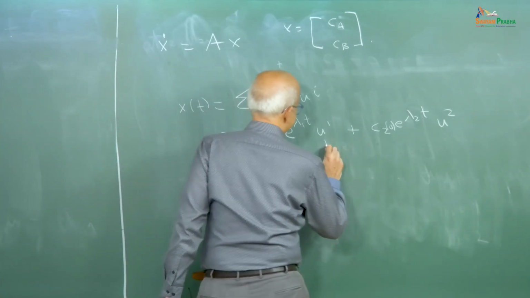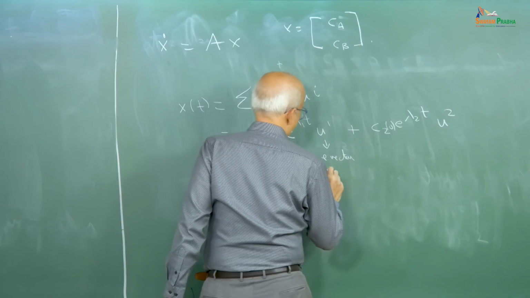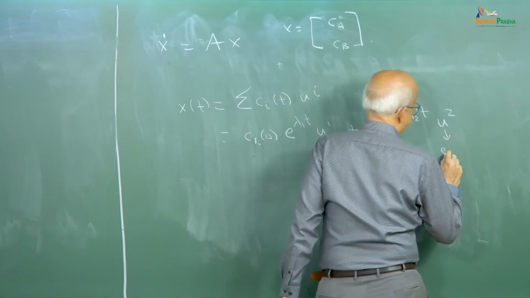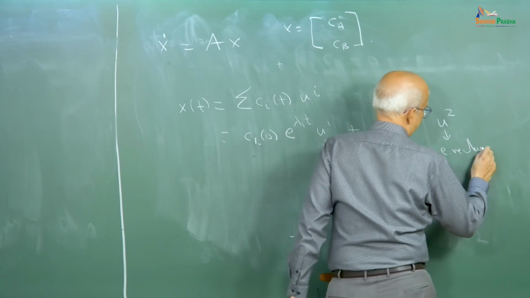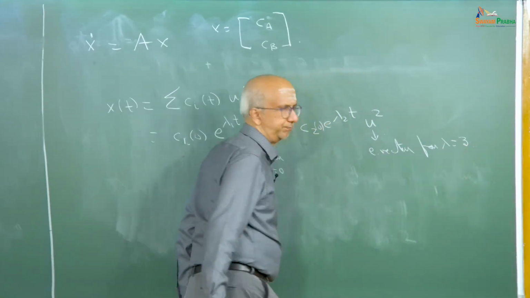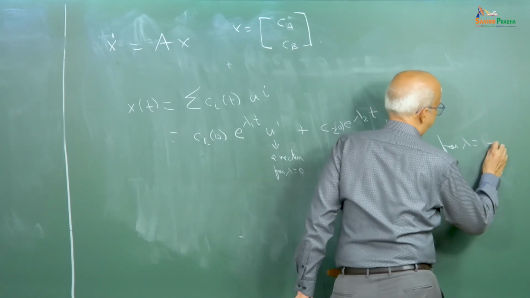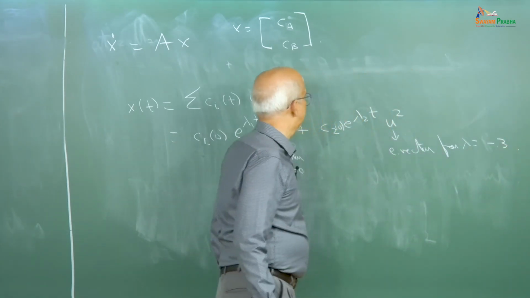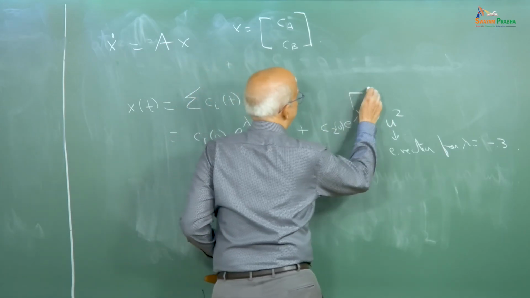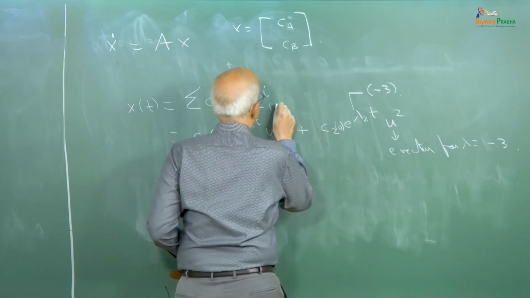So, this is the eigenvector for lambda equal to 0, this is the eigenvector for lambda equal to minus 3. So, basically lambda 2 is minus 3 and lambda 1 is 0.